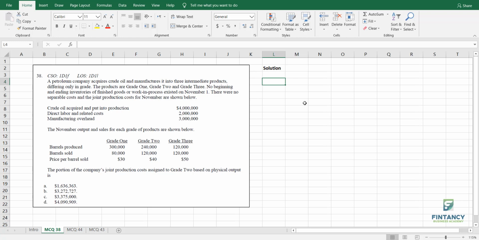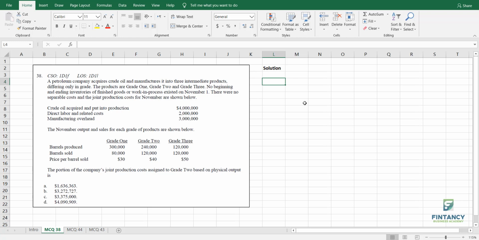If I ask you how much is CC, what will you tell me? Please write in the chat box. What is CC? Labor plus overheads, right? Labor plus overhead, how much? 5 million.